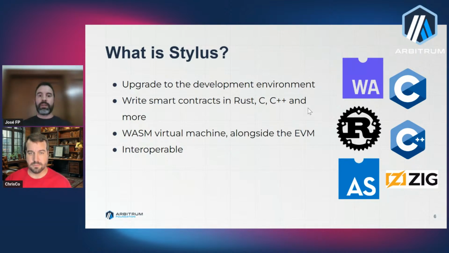Arbitrum Stylus allows you to write smart contracts in other languages like Rust, C, C++, and more languages. And this is possible thanks to a second virtual machine that runs alongside the EVM and that executes WASM programs, okay? Both virtual machines are fully interoperable. That means that contracts that are written in Rust, for example, can interact with contracts written in Solidity and the other way around.